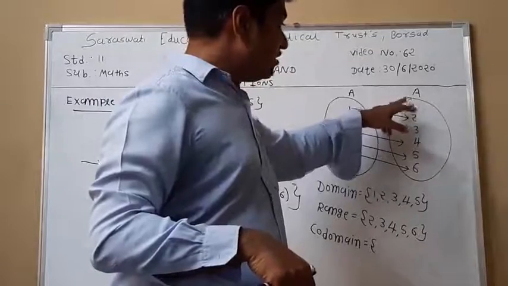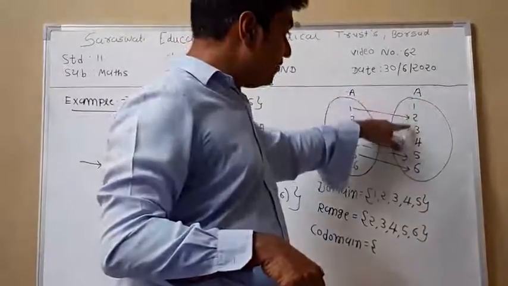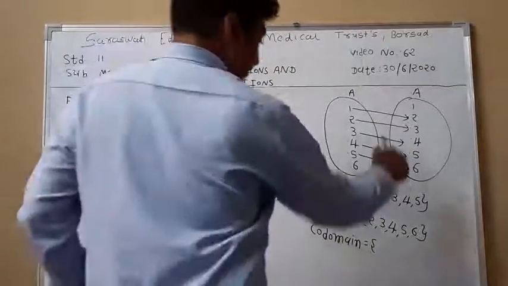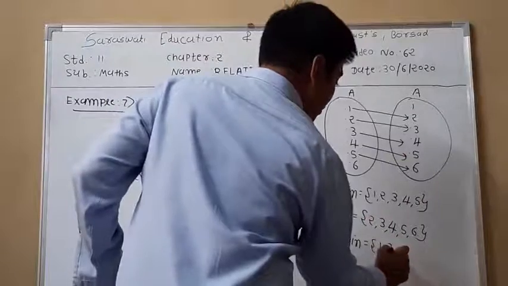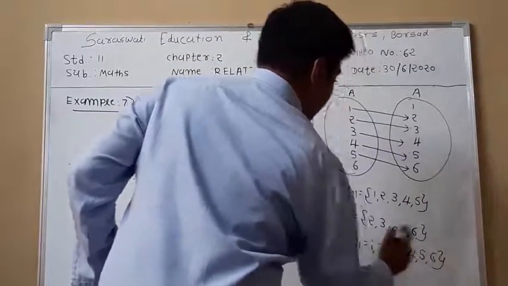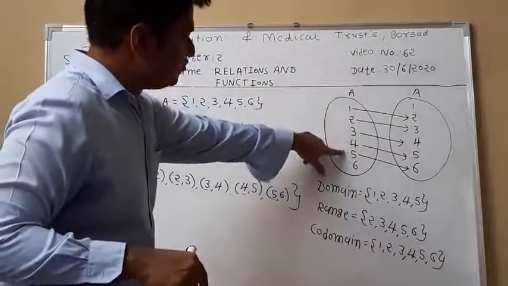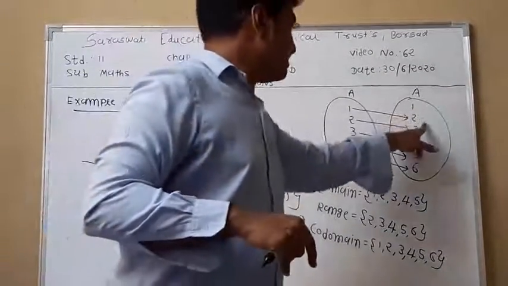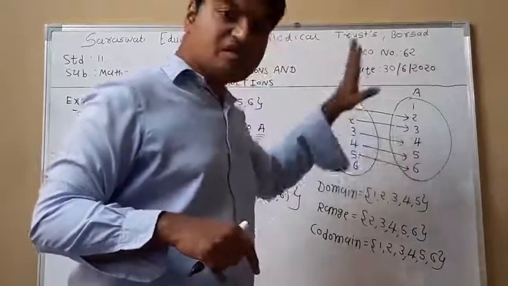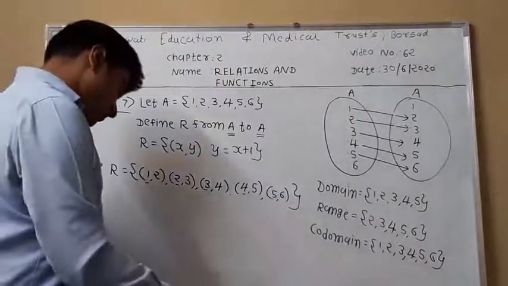Here the second position is A, so all the elements of set A are our codomain. So here we write 1, 2, 3, 4, 5 and 6. So how can we find the domain? Domain means this position, range means this position, and codomain means all the elements of this set.